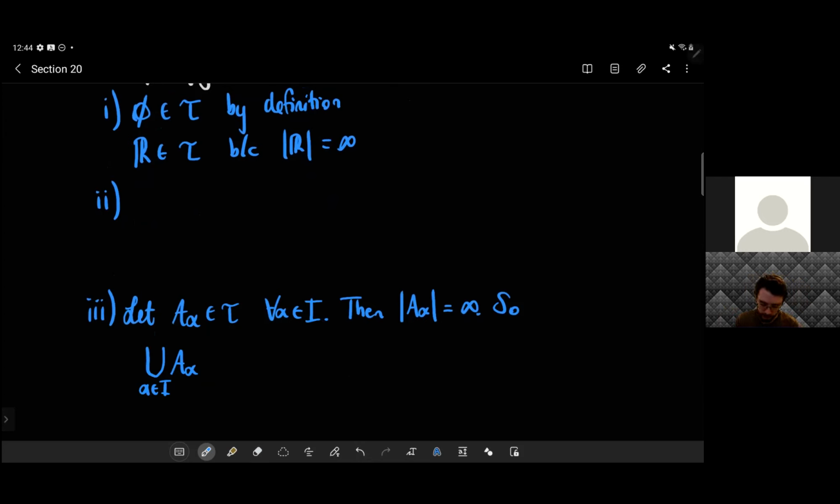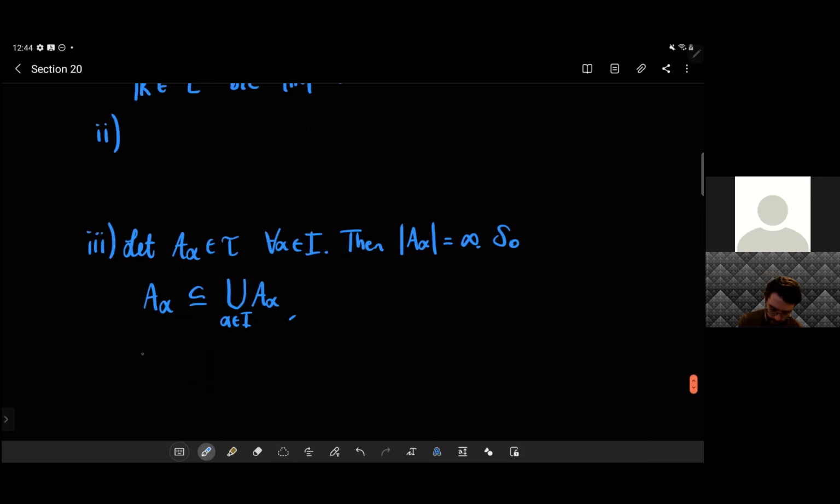Well, certainly the union is bigger than each of these sets, right? So A alpha is contained in the union. That means the cardinality of A alpha is less than or equal to the cardinality of the union.